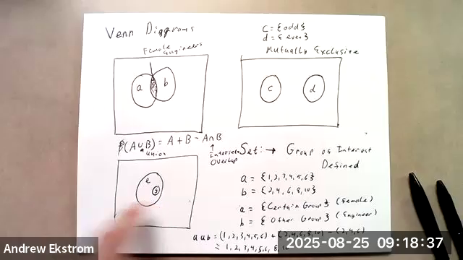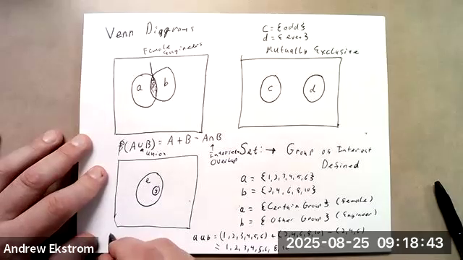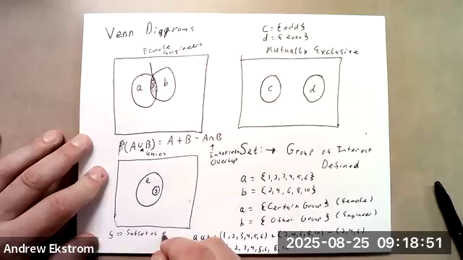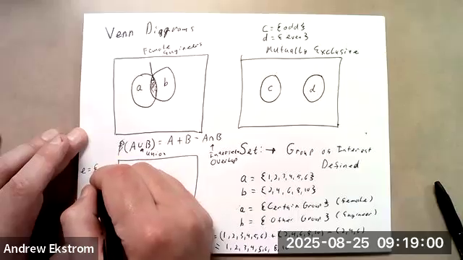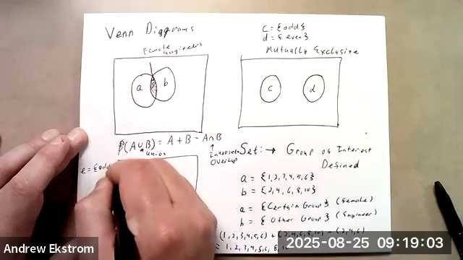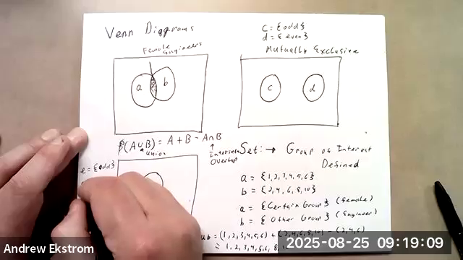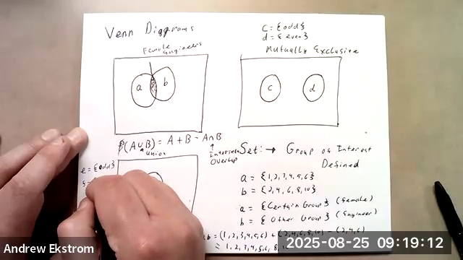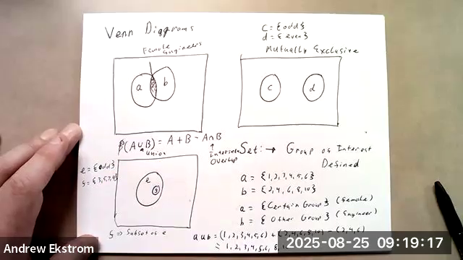So if we're looking at this, what we would say is F is a subset of E. What do I mean by this? Let's say I make E all the odd numbers, and let's say I make F 3, 5, 7, and 9.